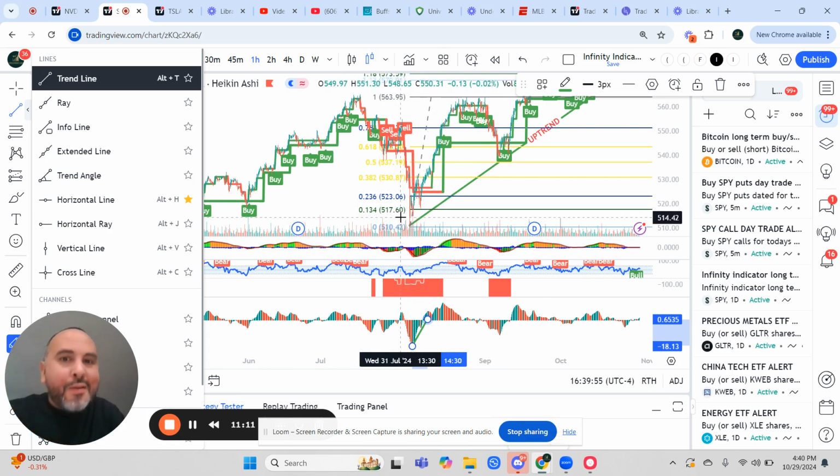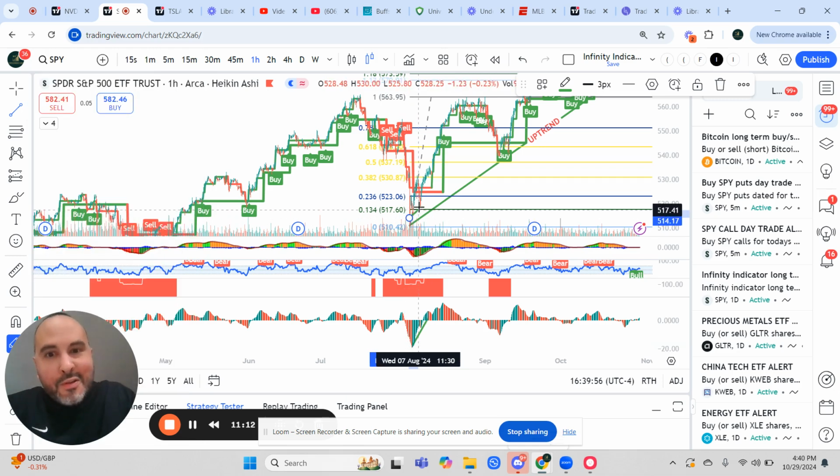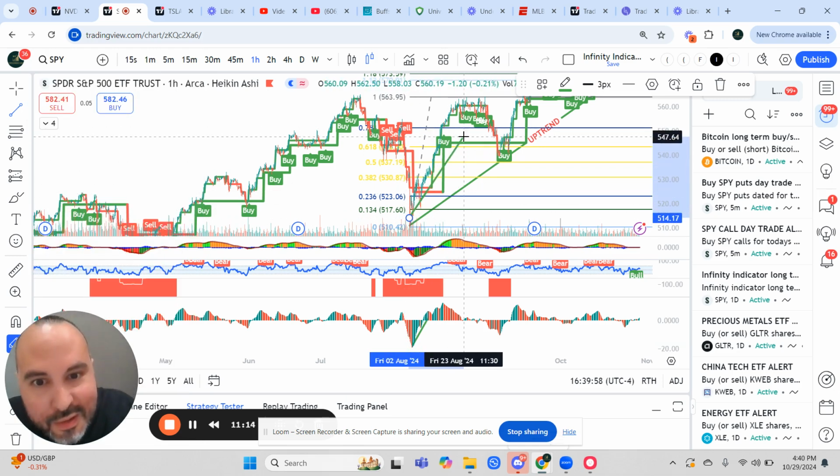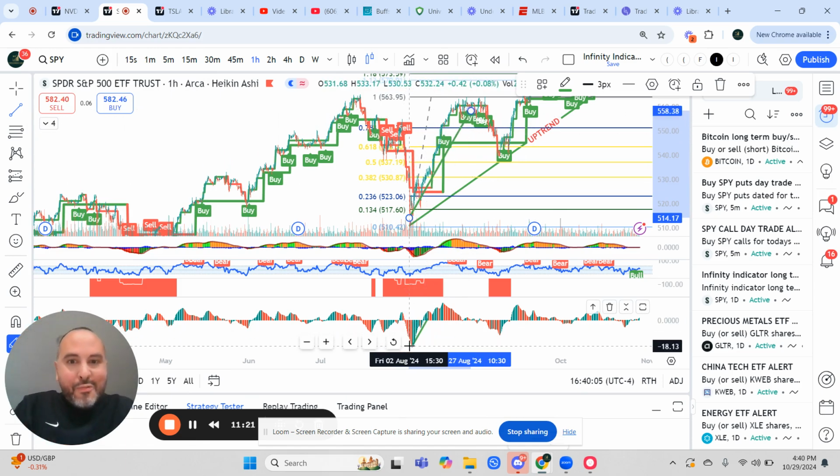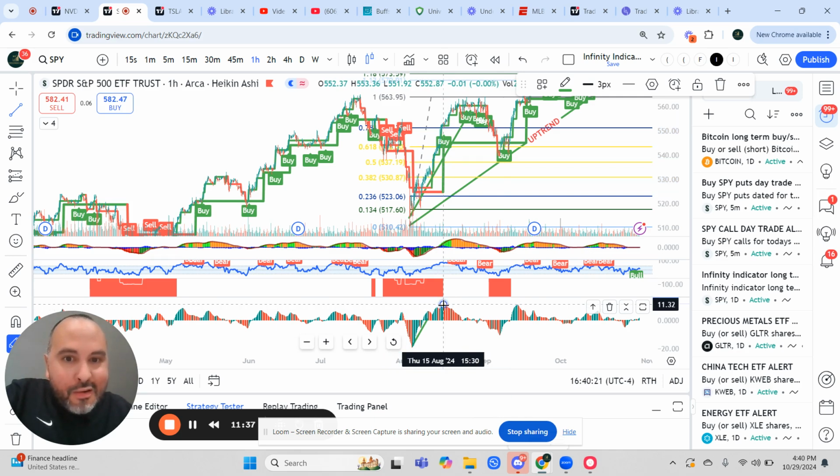I was going to draw a line similar to that. But you can see we bottomed and then we head back up. So it's very simple to read. And again, that's called the awesome oscillator.